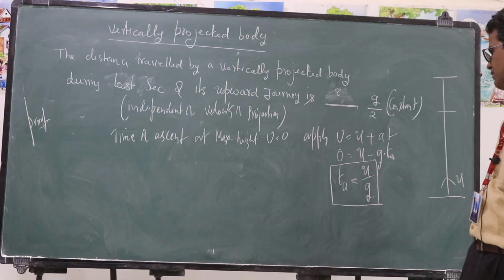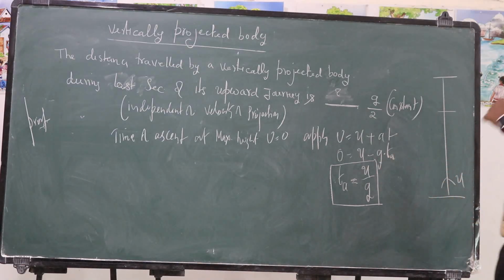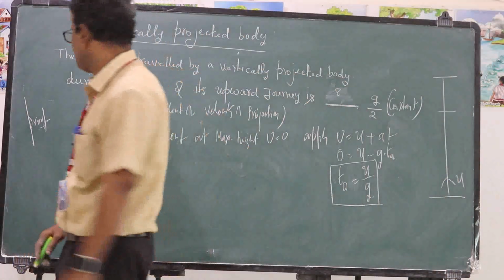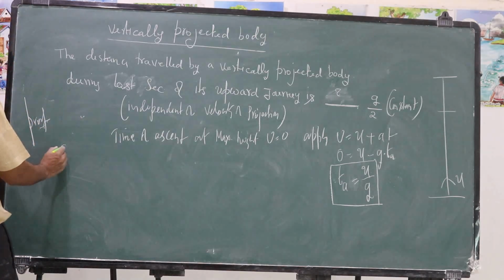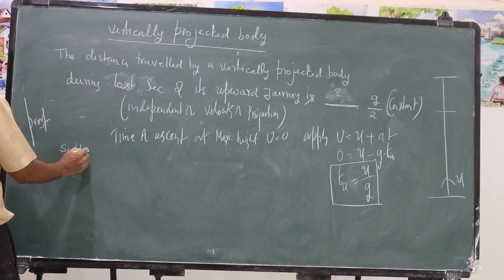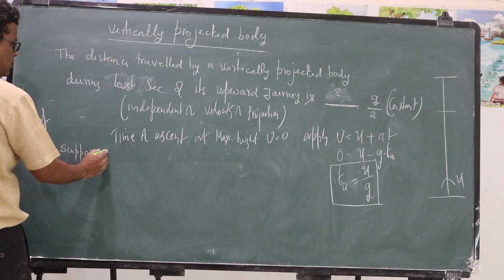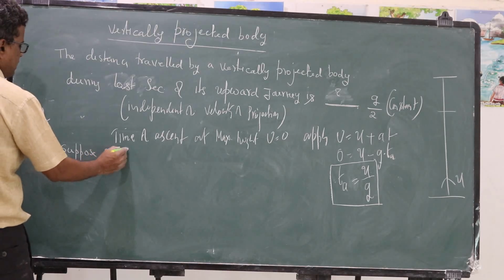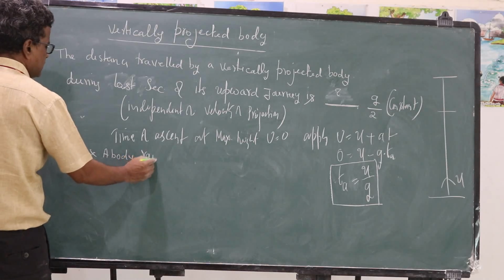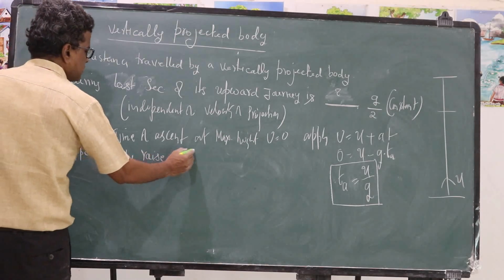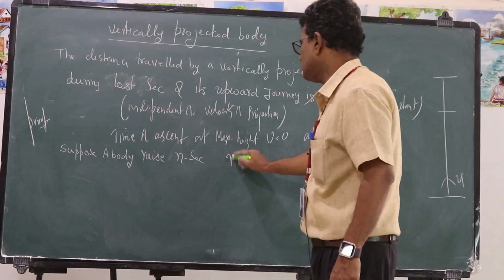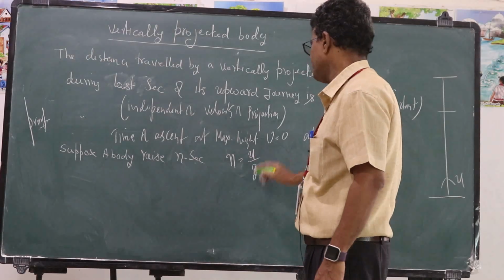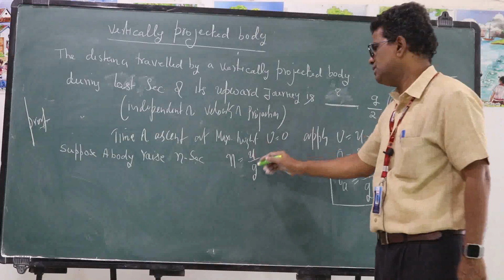Answer u by g. Suppose a body rises n seconds to reach maximum height. So n is equal to u by g.